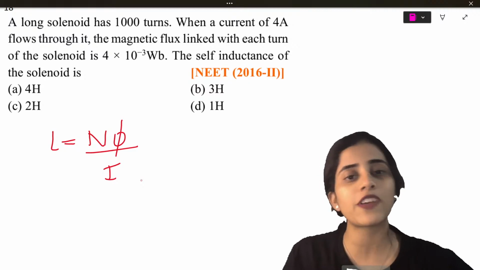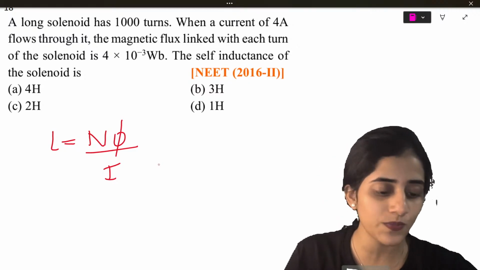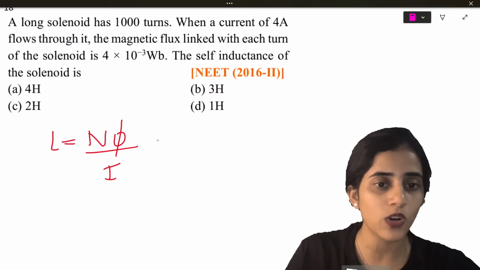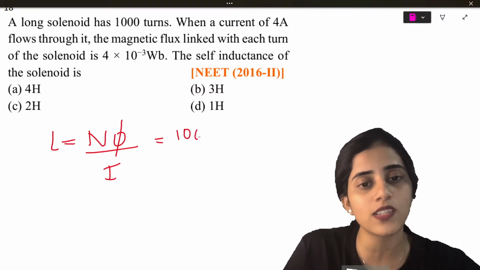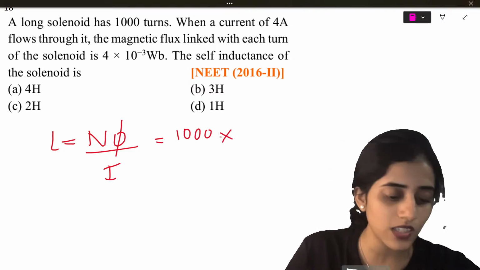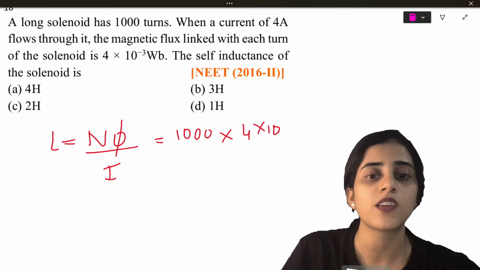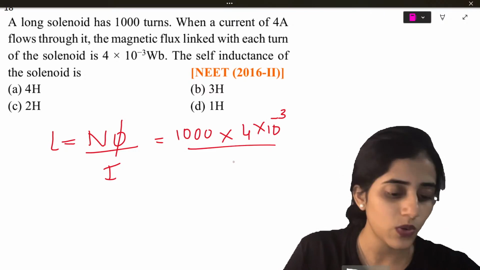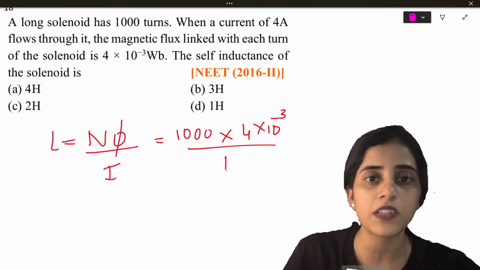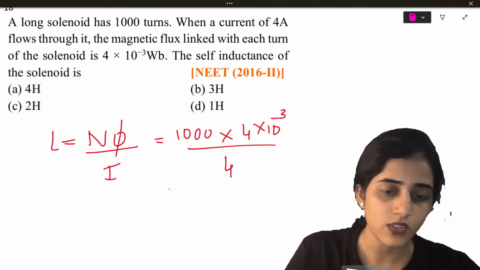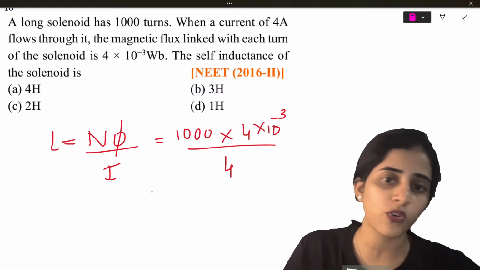So what is the formula for inductance? L is equal to N phi by I. What is the value of N? 1000 turns. So 1000. Now what is phi? Phi is the magnetic flux, 4 into 10 raised to minus 3. What is the value of current? 4 amps. Okay, so now do the math. 1000 into 4 into 10 raised to minus 3.